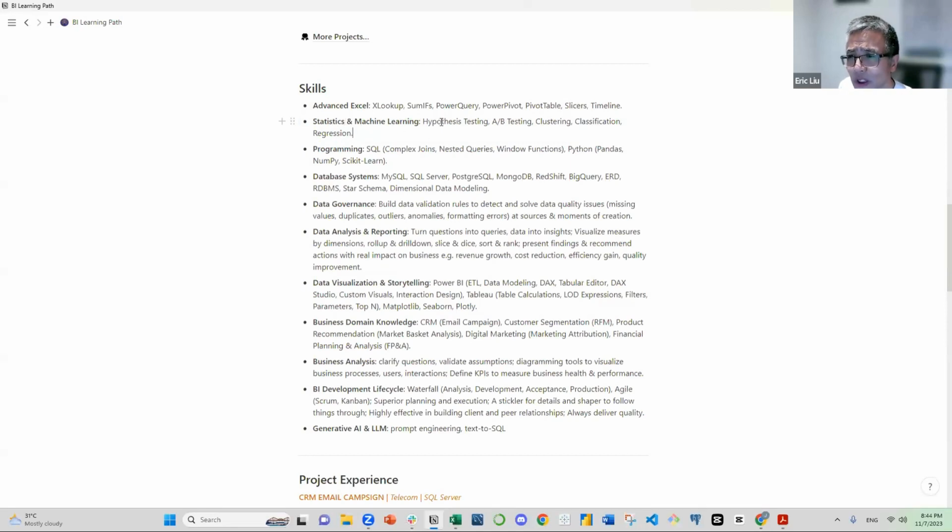Otherwise, you want to mention more advanced knowledge about statistics and machine learning. You can mention hypothesis testing, A/B testing, clustering, classification, and regression. And once again, if you're a data scientist, you probably need to enhance this a bit more.